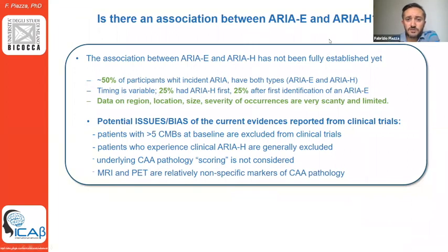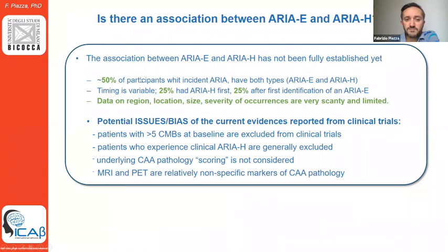Concerning the association between ARIA-E and ARIA-H, to see if there is a close relationship between the bleeding and the vasogenic, inflammatory events related to the therapy, again, the data are not very clear.